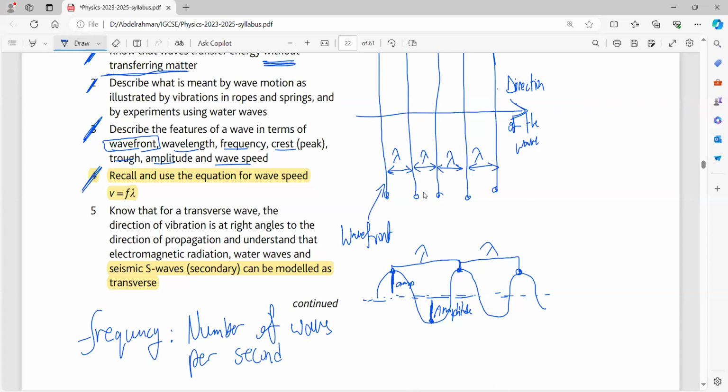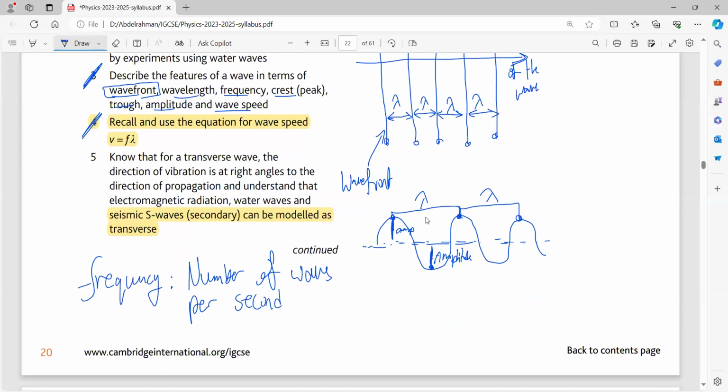Usually it's per second. The unit of the frequency is hertz. So we can find the frequency quite easily: frequency equals waves over time.